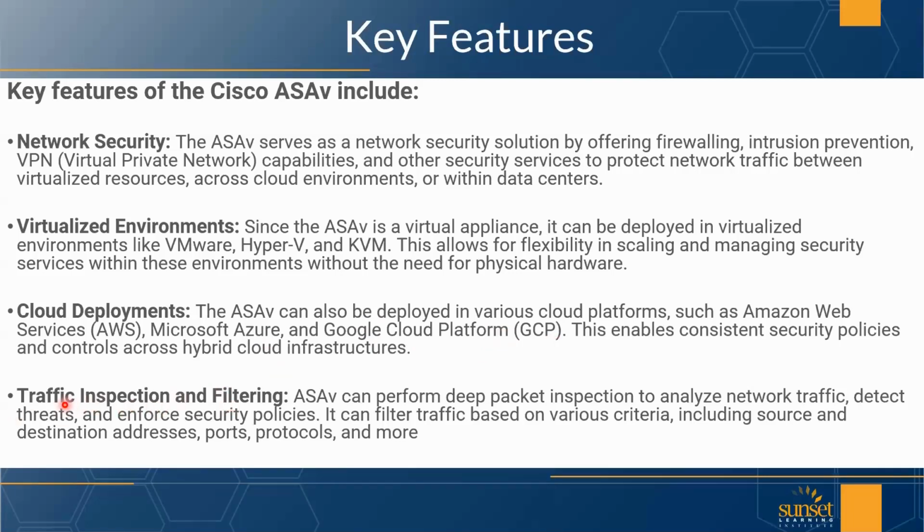Now, getting into the traffic inspection and filtering, one of the things to note here is the ASAv does what's called deep packet inspection. As I mentioned earlier, it watches the flows and it analyzes that traffic. For instance, a perfect example here, folks, is we have a list of bad actors, IPs that we have blacklisted and we know are bad actors.